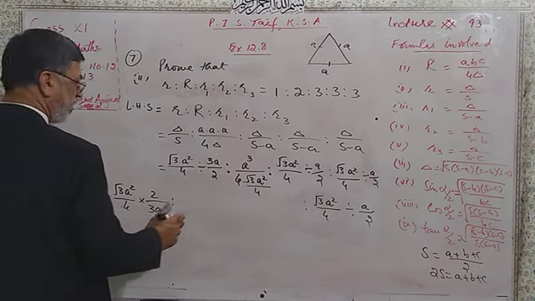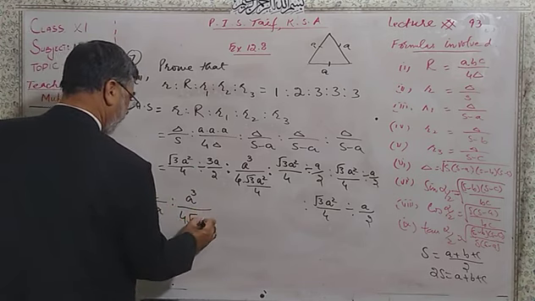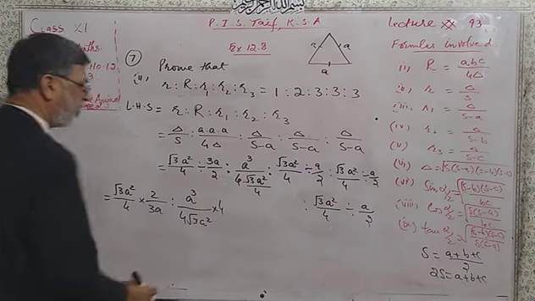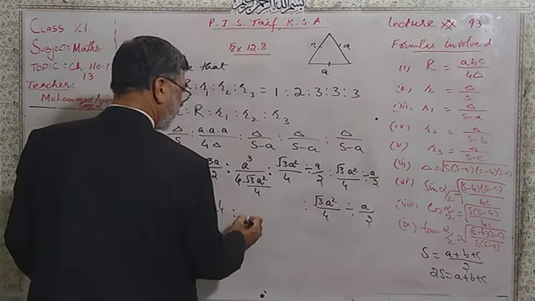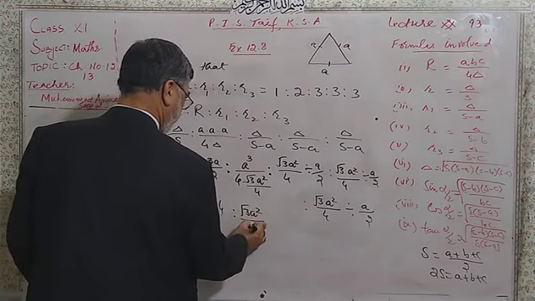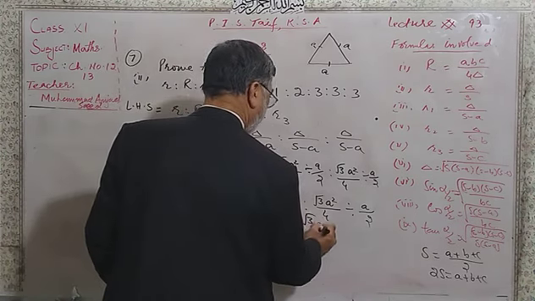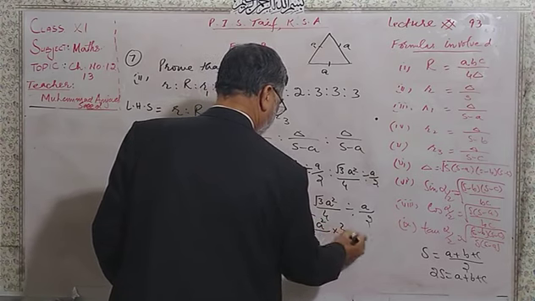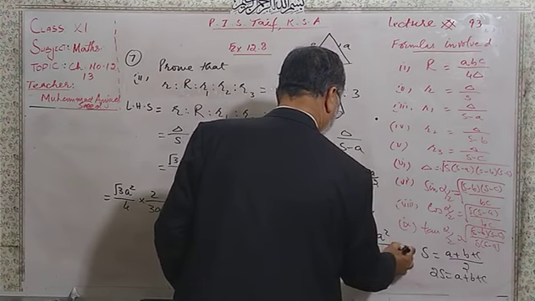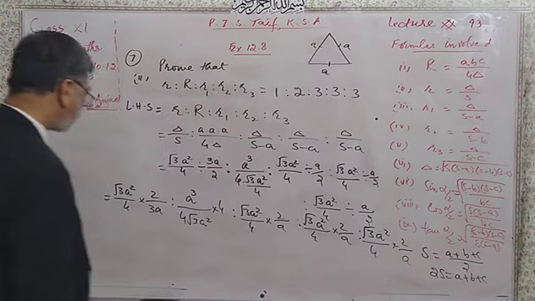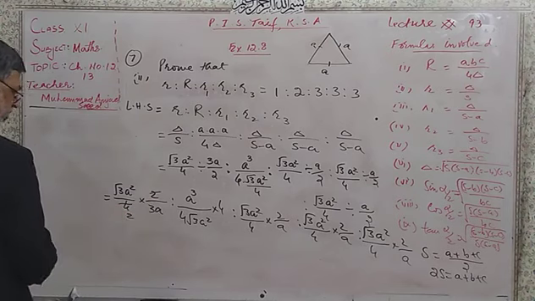Similarly, we can have A cube over 4 into root 3 A square, multiplied by 4. This 4 will come up. After that, root 3 A square over 4 into 2 over A. This is 2.